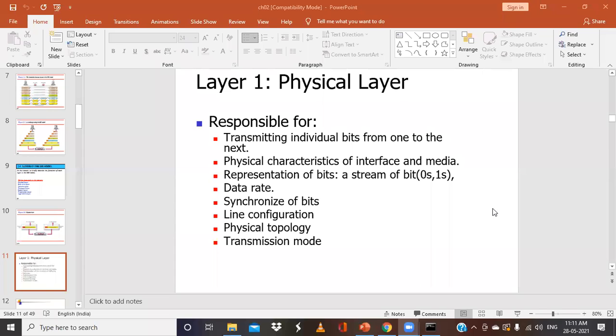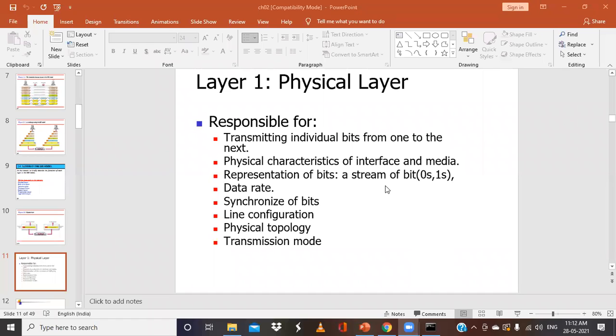And these bits that it is sending, how will they be sent? Whether in terms of electrical signals or in terms of optical signals. If you are using a fiber cable, then we need to use optical signals. And if you are using a LAN cable or coaxial cables and so on, then it will be in terms of electrical signals.